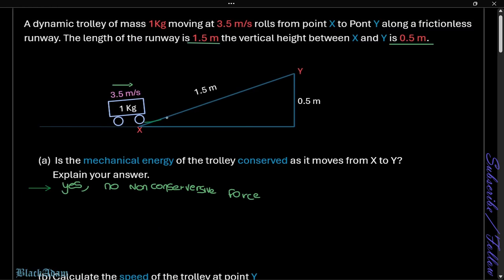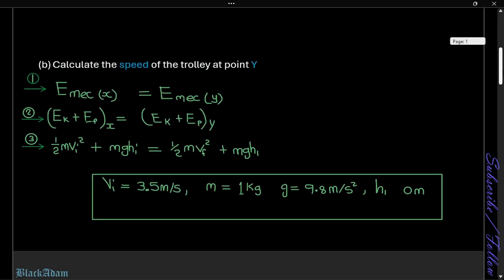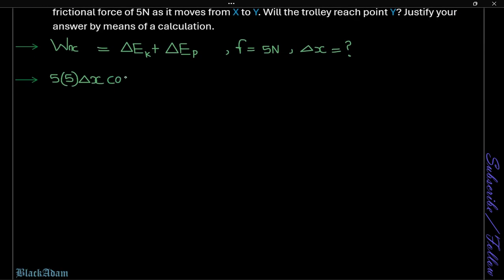We don't know the horizontal part that is going to play, but it's for 1.5 meter. It has to be less than 1.5 meter because of the friction. So I don't think it's going to reach point y, but then we just need to explain. And then its cos is 180 degrees because it's opposite to the direction of motion.